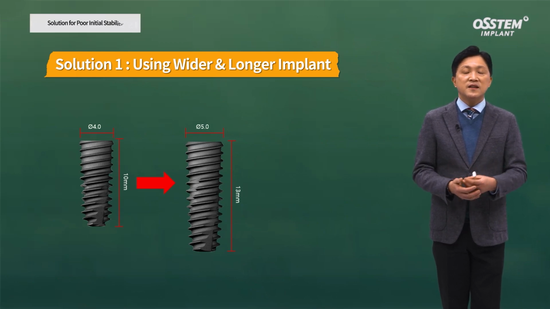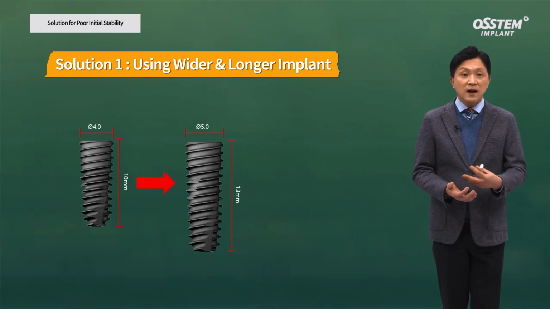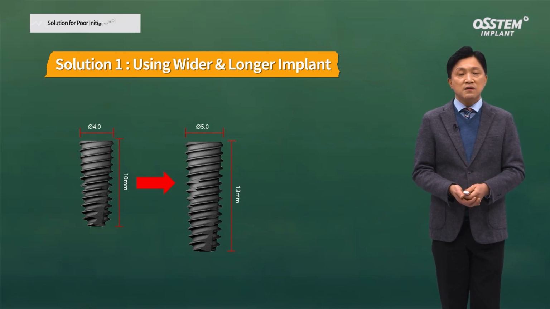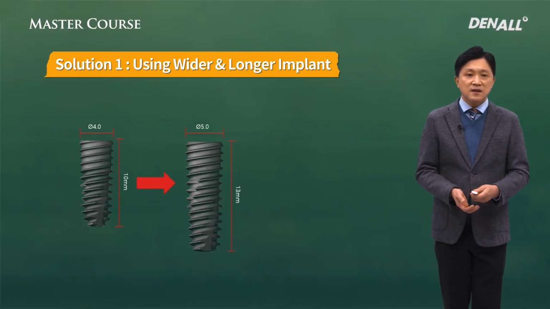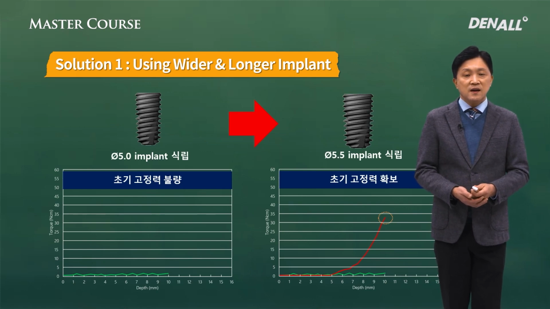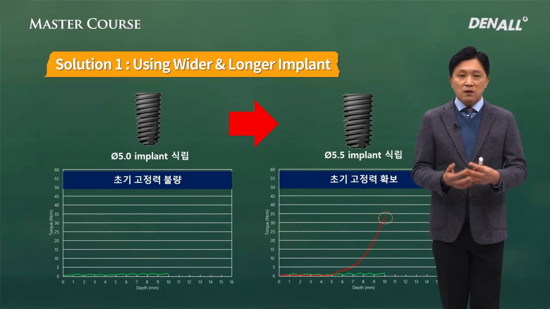If we cannot obtain the initial stability with a certain diameter of implant, we can attempt to use one size bigger diameter implant to get the initial stability. By doing so, if initial stability goes up, you can use the implant as it is.